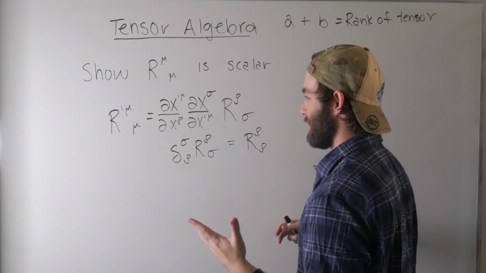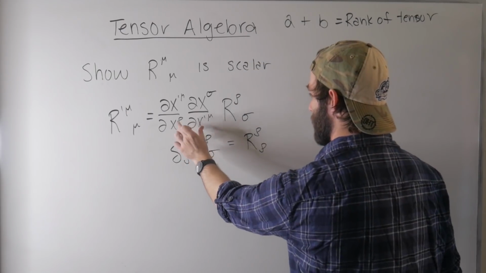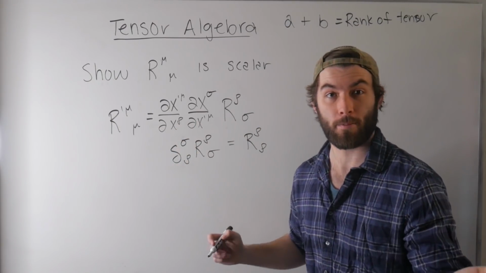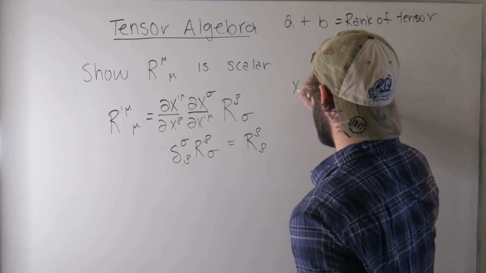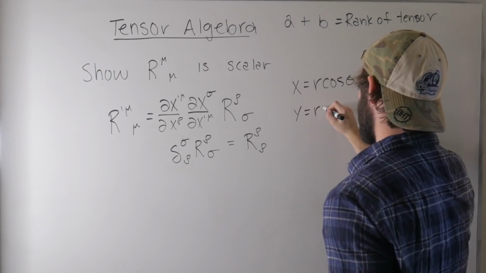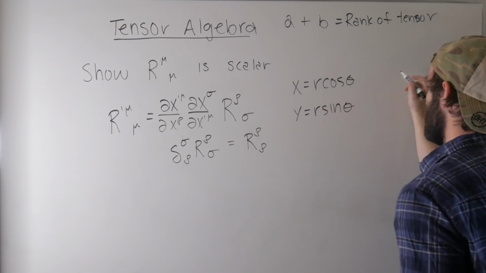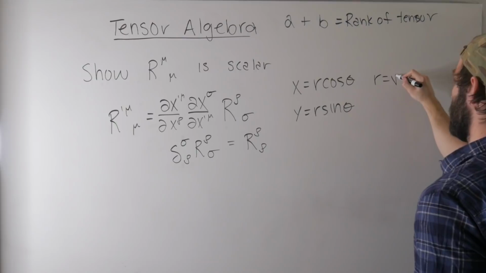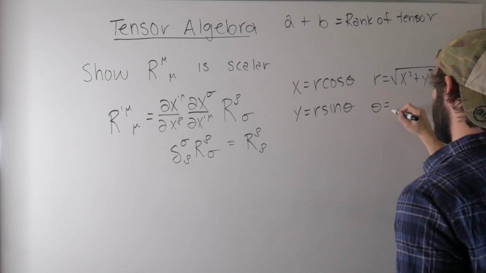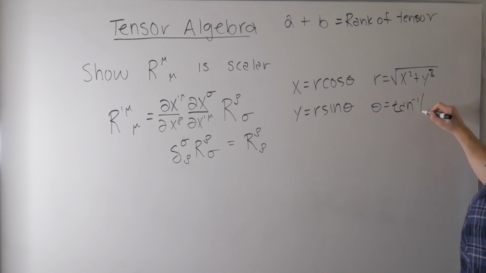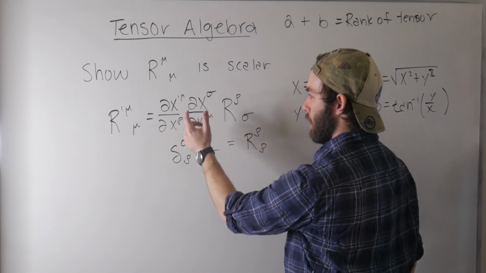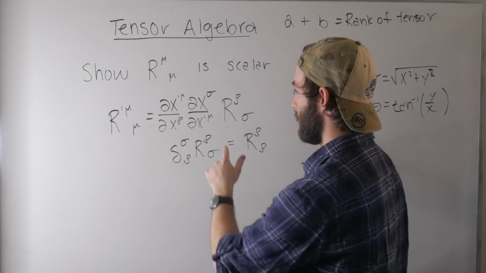A good way, I think, to convince yourself that you can do this kind of differential swapping to give you the Kronecker delta is by just doing an example. For example, if you do polar coordinates, x equal to r cosine theta, y equal to r sine theta, then r is equal to root x squared plus y squared, and theta is equal to the inverse tangent of y over x. Then go ahead and pick examples of these sigmas and rhos.